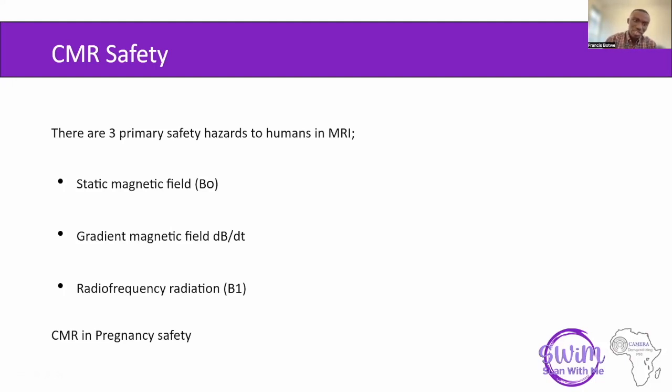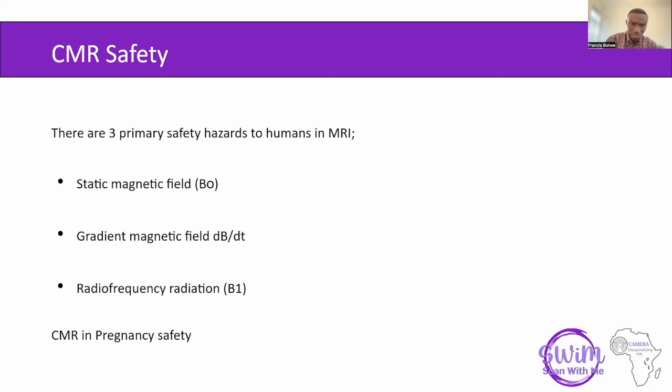We also have the gradient magnetic field, which is produced by the gradient coils. This gradient magnetic field also induces electrical current. So if you put somebody in the scanner and there is a metal, it might conduct some of the electrical current produced by the gradient coil, and it can shock the patient.